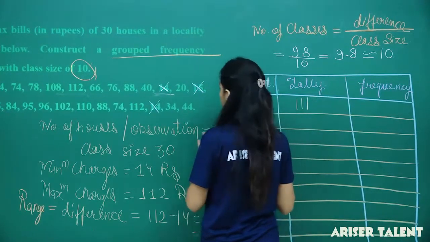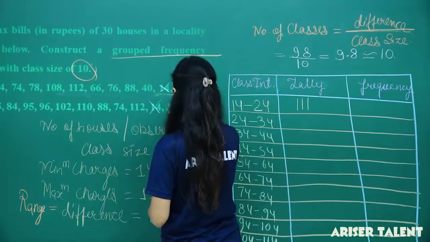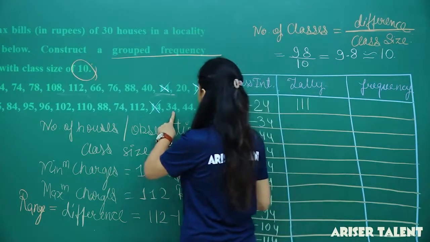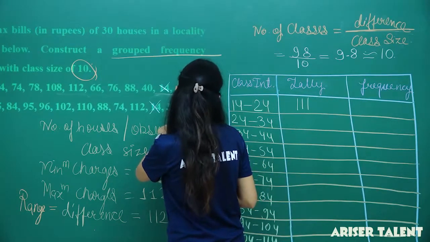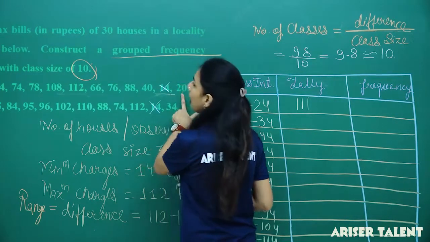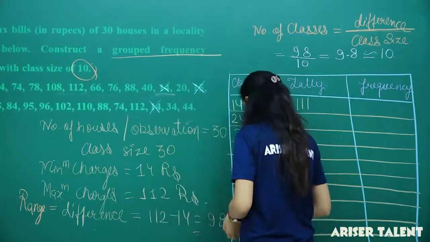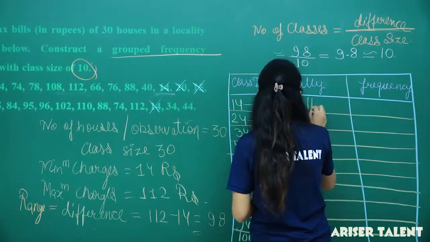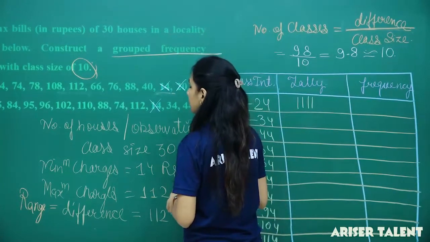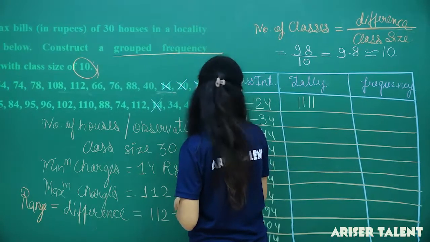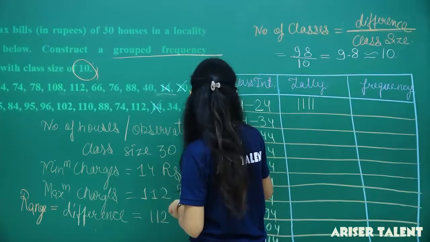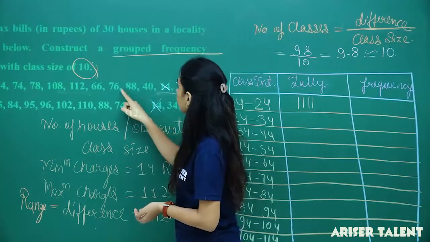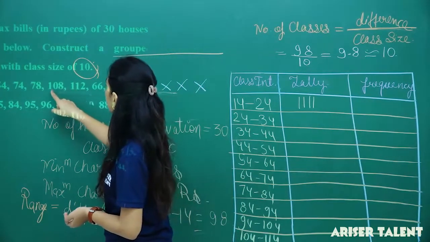Now 24 to 34. 34 is not included in that, so I am not going to cross that one. I haven't cut this one, 20, so I have to put that also here in this category. Then I have to look for 24 to 34.